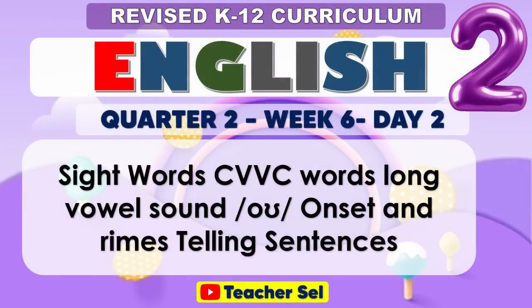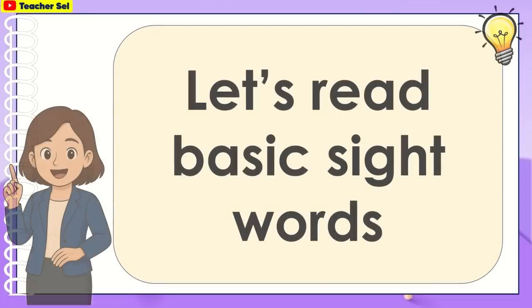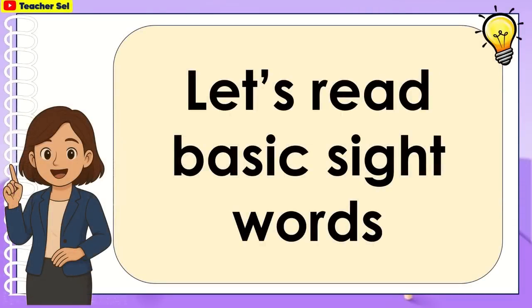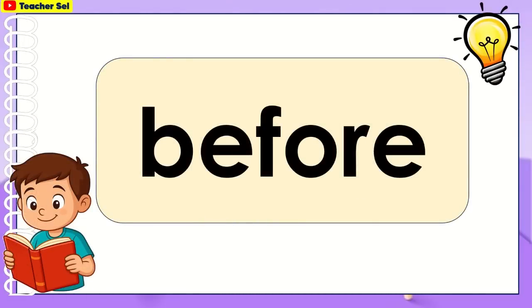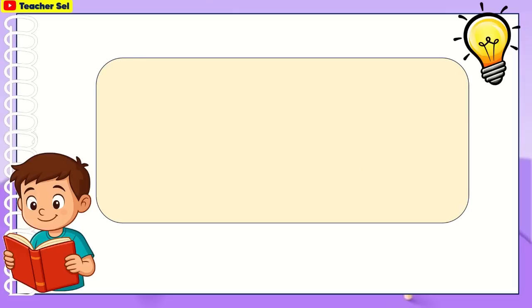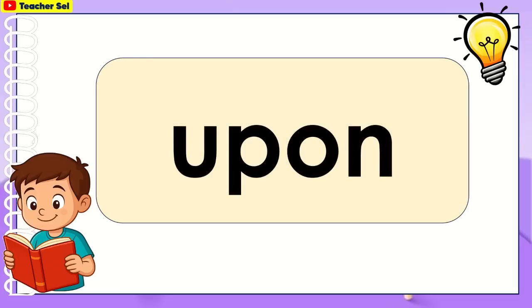For day 2: sight words, CVVC words, long vowel sound O, onset and rhymes, telling sentences. Let's read basic sight words. Always. Before. Upon.